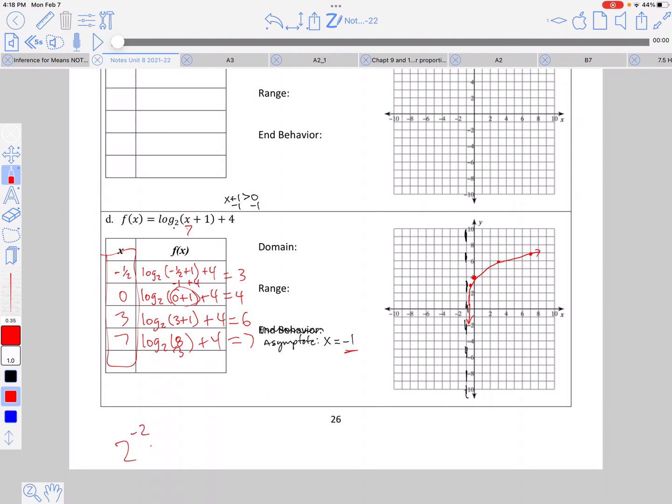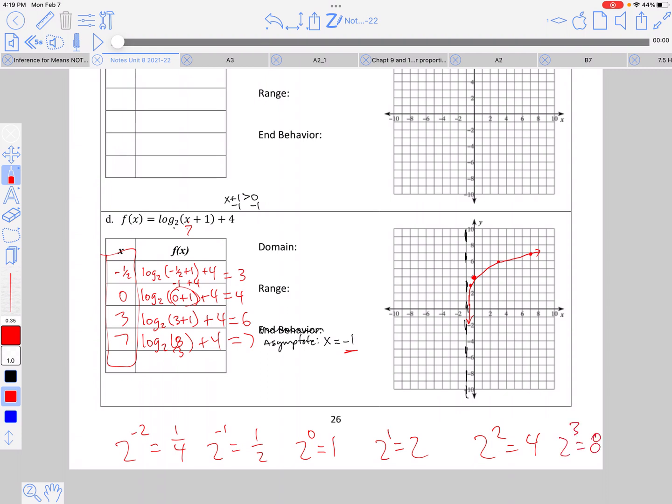2 to the -2 is 1/4. 2 to the -1 is 1/2. 2 to the 0 is 1. 2 to the 1 is 2. 2 squared is 4. And then we did get into 2 cubed, right?